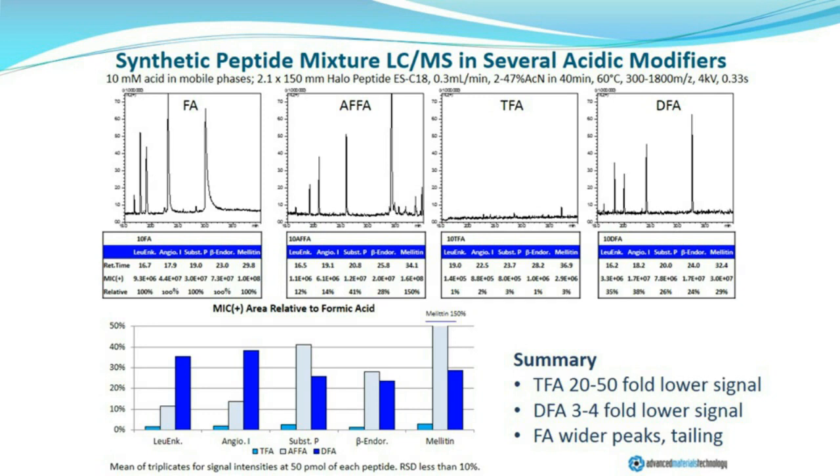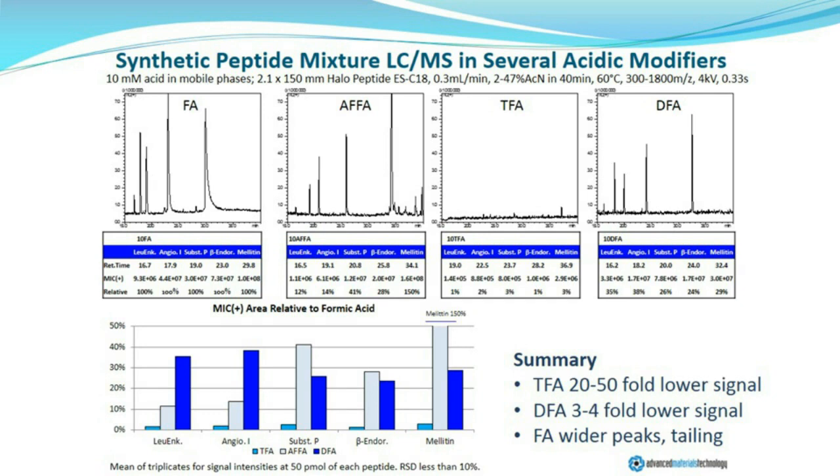And again, the numbers there numerically, there's a summary of that data in the bar graph on the bottom. And what you see is that trifluoroacetic acid profoundly suppresses the mass spectral signal by a factor of 20 to 50-fold.